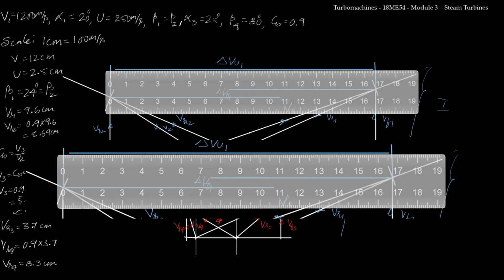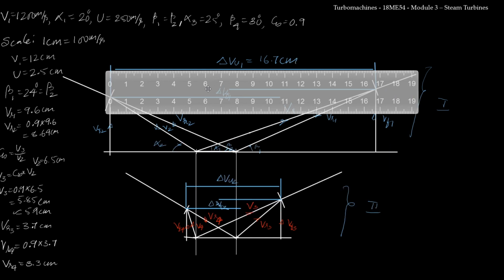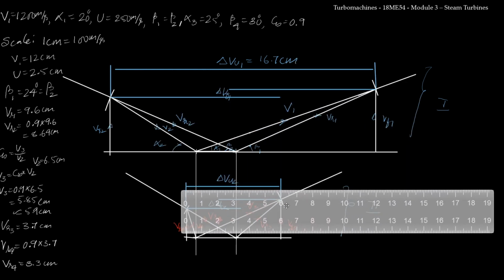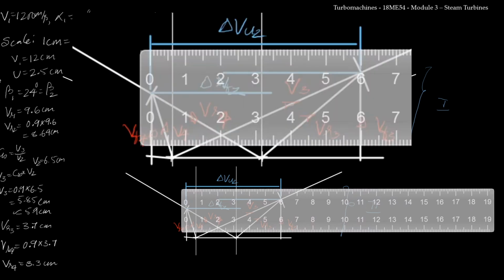The length of Vu1 will be equal to around 16.7 centimeter. I will place this over here. The length of Vu2 is around 6 centimeter.